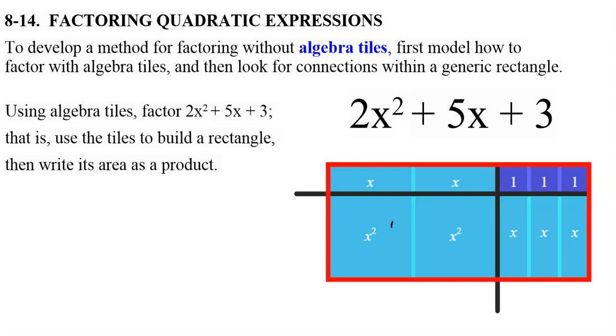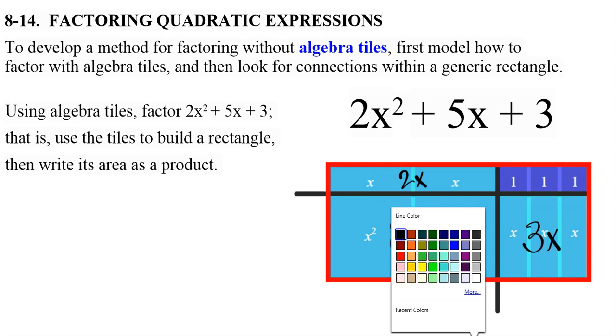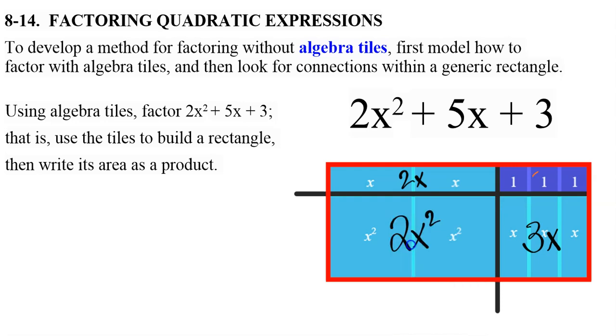We can see here that we have 2x squared here, then here we have 2x, here we have 3 x's, and up here at the top, let me grab a different color, we have 3.